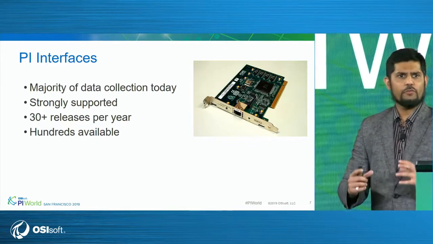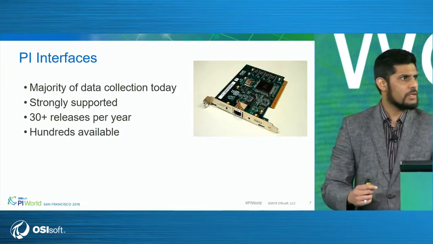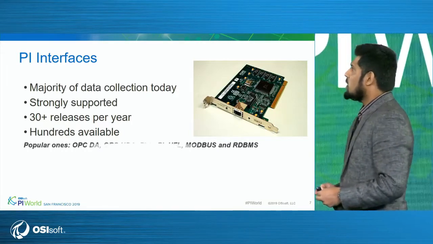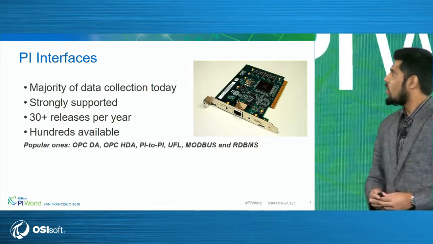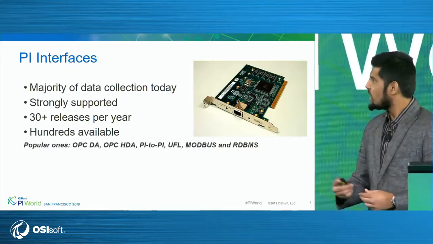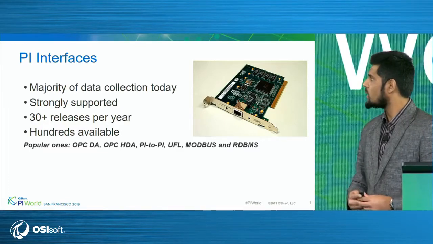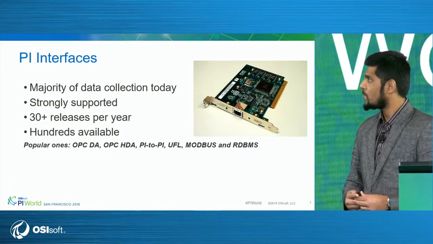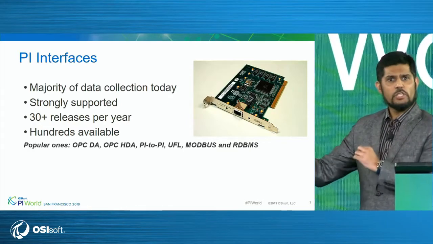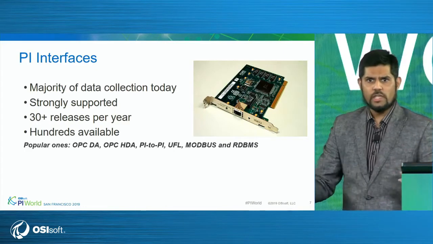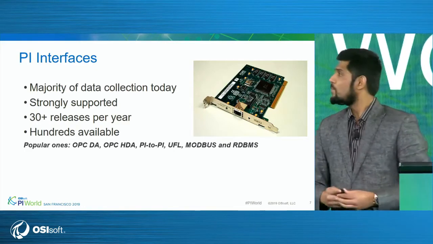Thus, they offer a very robust and reliable solution when it comes to collecting data. Some of the more popular ones are OPC-DA, OPC-HDA, PI2PI, UFL, Modbus, and RDBMS. Let me speak a little bit to each of these interfaces because they have a wide adoption across our entire user community.